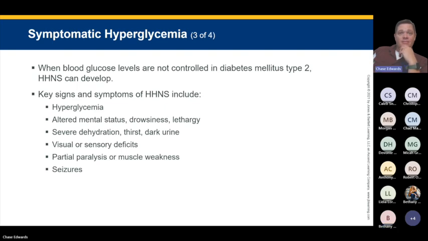The key signs and symptoms of HHNS include hyperglycemia, altered mental status, drowsiness, and lethargy. I consider all those AMS. Also severe dehydration, thirst, dark urine, visual or sensory deficits, partial paralysis or muscle weakness, and also seizures.